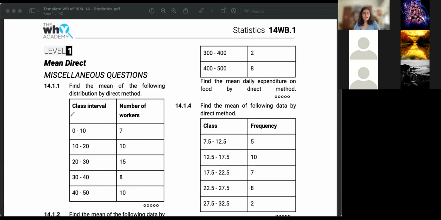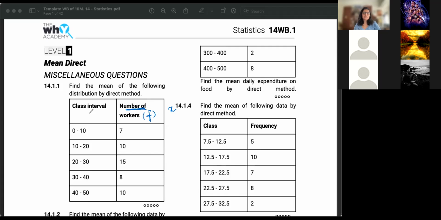So class interval, these are your observations. From here you'll get your x, and number of workers is the frequency, fi. Whenever you're not given the frequency directly, whatever is the number of something will be your frequency.